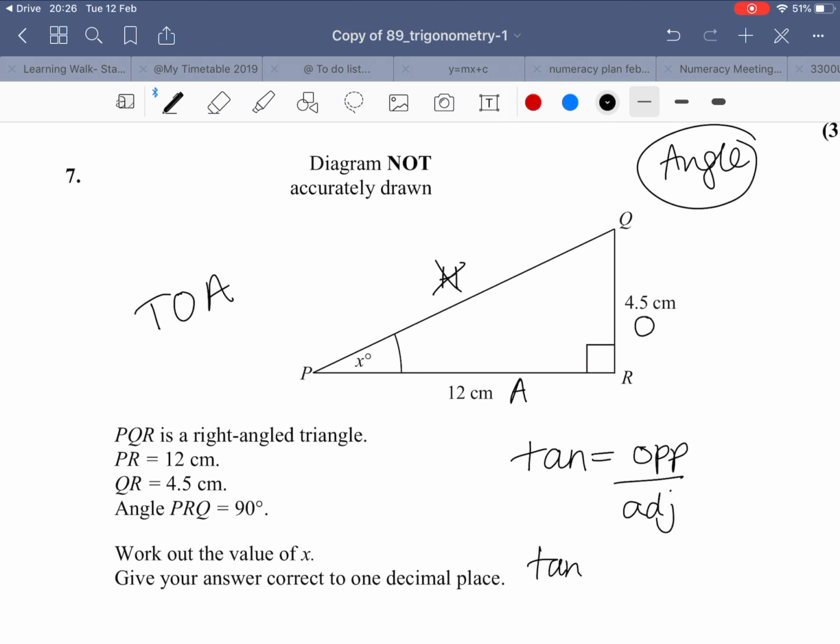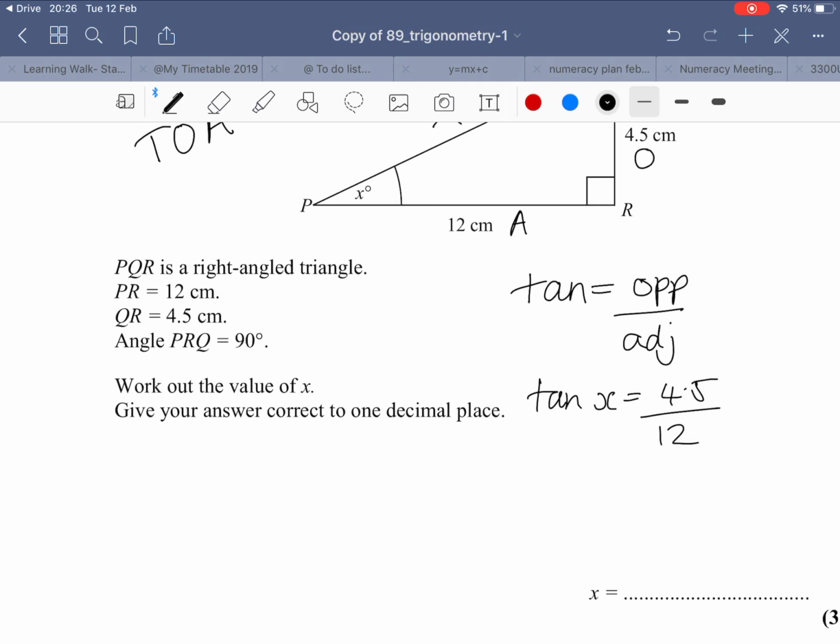Tan of the angle x equals 4.5 over 12. To get x on its own, tan has to move, becomes tan to the minus 1, 4.5 divided by 12.